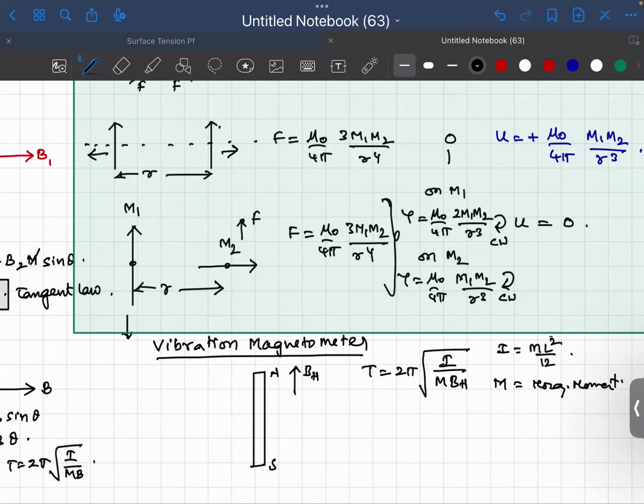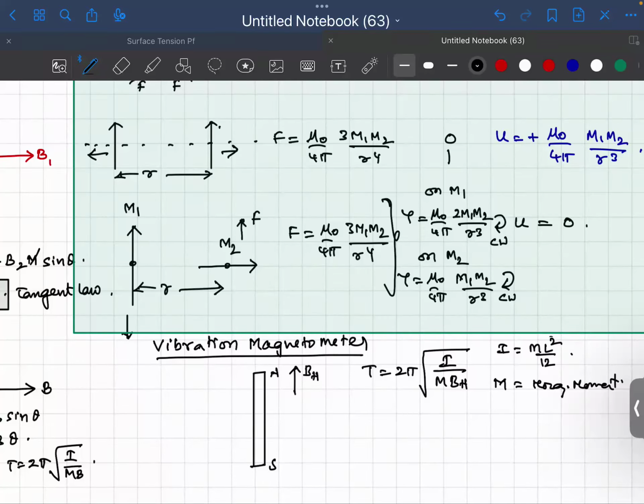In the time period, M into BH means the needle is already at rest. Which direction is the needle oriented? The needle will be oriented in the direction of the horizontal component of the Earth's magnetic field.